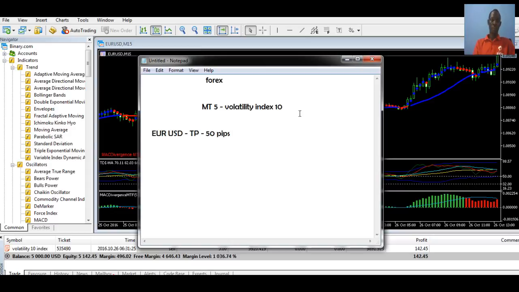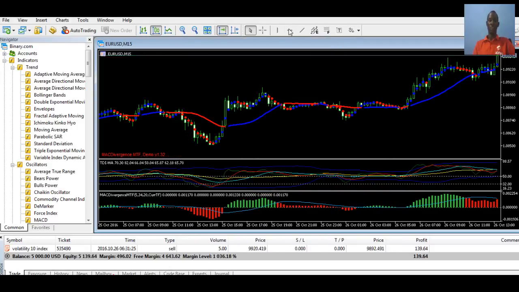Definitely you put your stop loss at 25 pips, which simply gives us a reward ratio of 2 to 1.